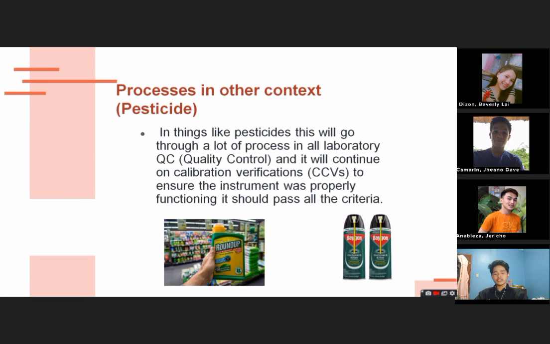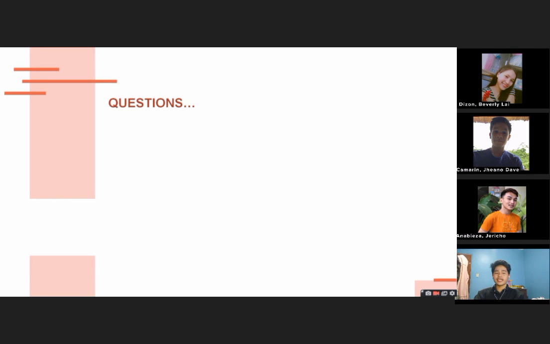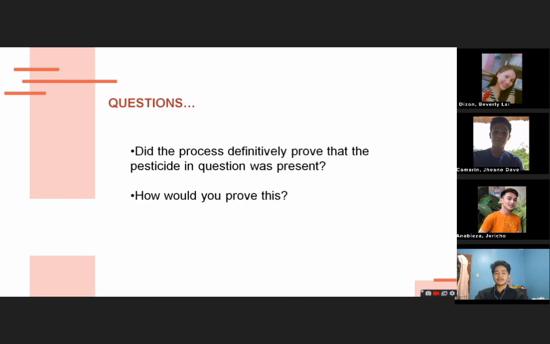As you can see here, there are pesticides. Roundup is very common; I guess Roundup is an agriculture pesticide. I don't really know. Next is this question, widely used in court cases: did the process definitively prove that the pesticide in question was present?